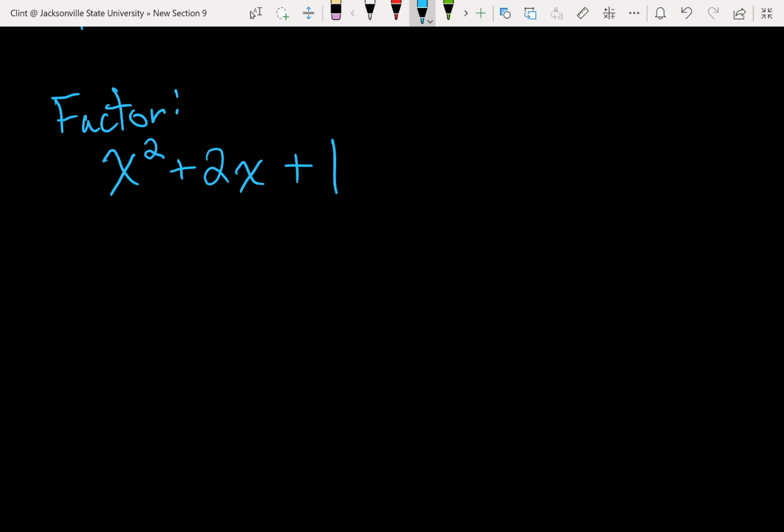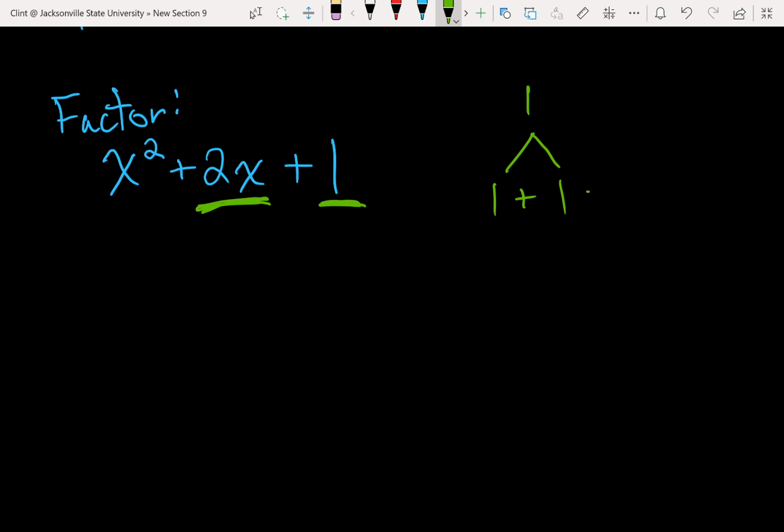Yeah, so the thing we do is we look for factors of this number that when we add those factors together, get the middle number. So factors of 1, sorry, 1 and 1, we don't have a lot to choose from there.